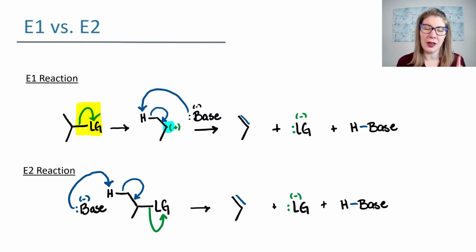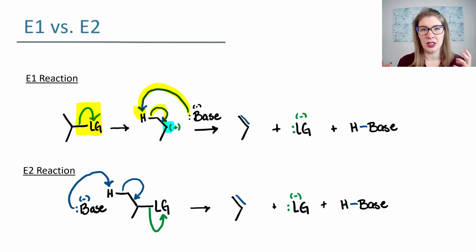So your first step is your leaving group leaving, then a base will come in and pull off the proton. When the base comes in and pulls off the beta proton, the electrons in between the beta proton and the beta carbon swing around and they make a pi bond. So we have two steps here, loss of leaving group and a proton transfer.